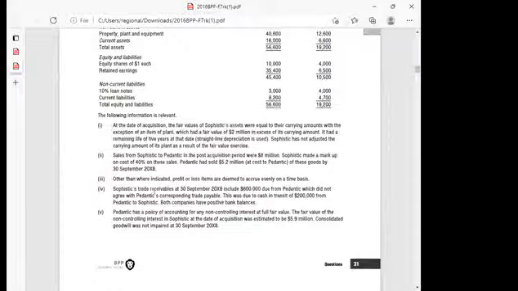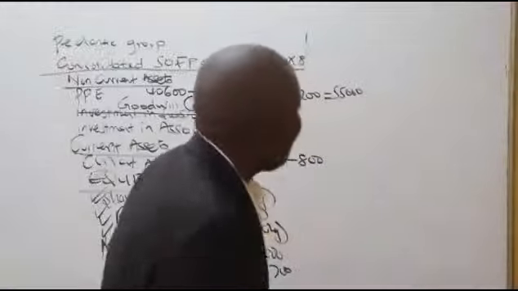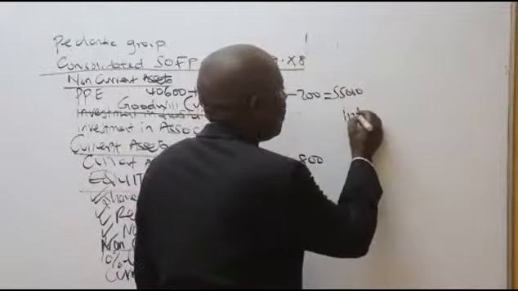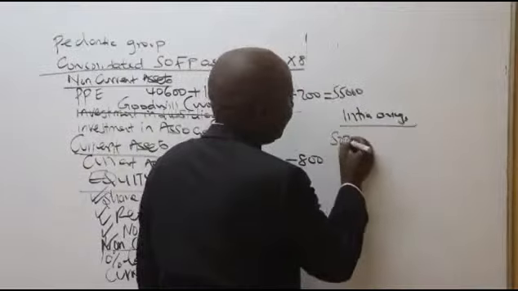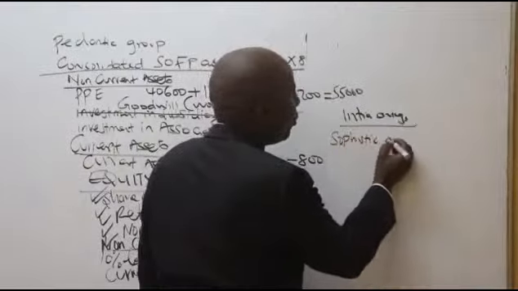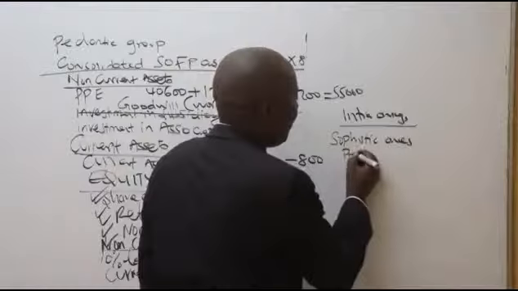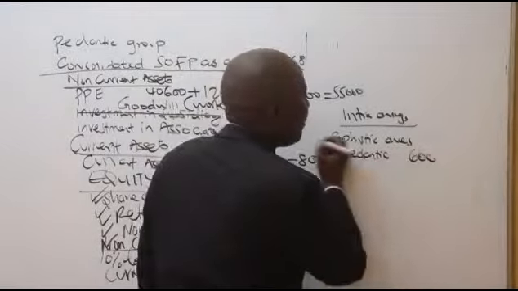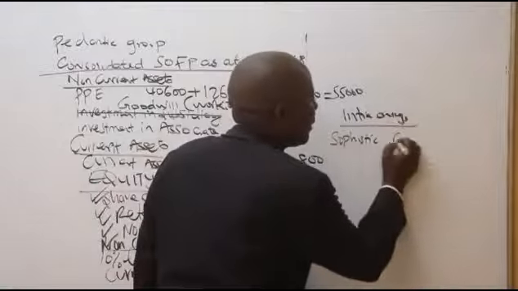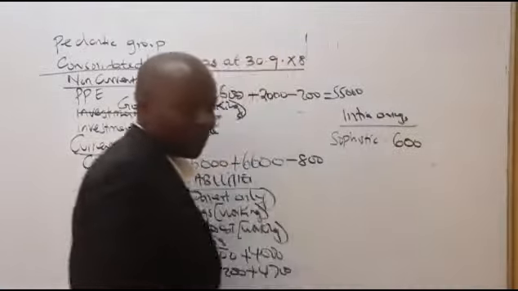Tunaambiwa sophistic trade receivables, so we have here intra-owings. Sophistic is owed by pedantic 600,000. Just mention there sophistic 600. You have to chop the 3 zeros.